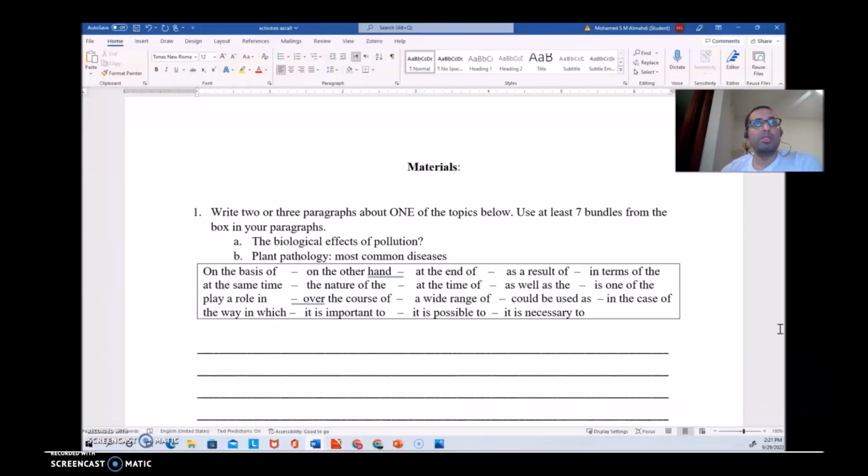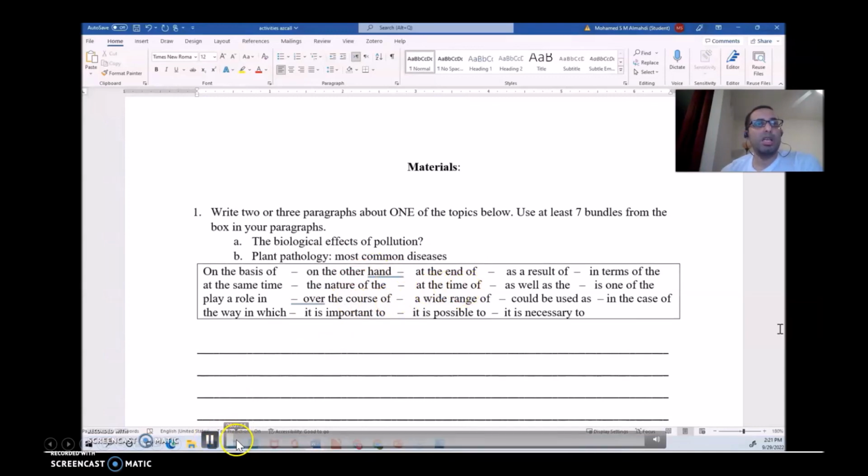Finally, we have Mentimeter, so we can ask students to do a homework, and then they need to write 2 or 3 paragraphs about one of the topics, like the biological effects of pollution, plant pathology, the most common diseases, and try to use these bundles or some of them in their writing.